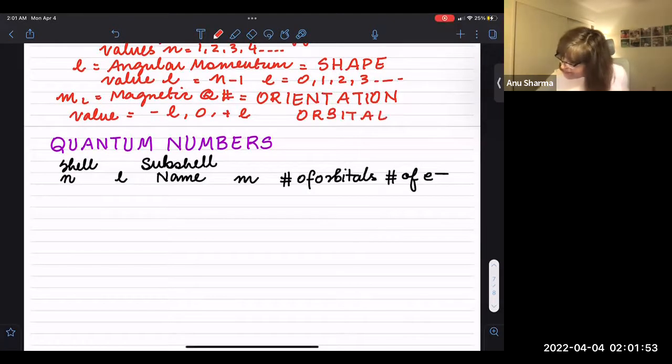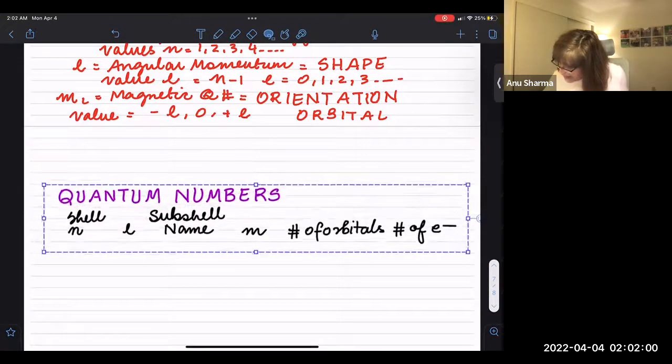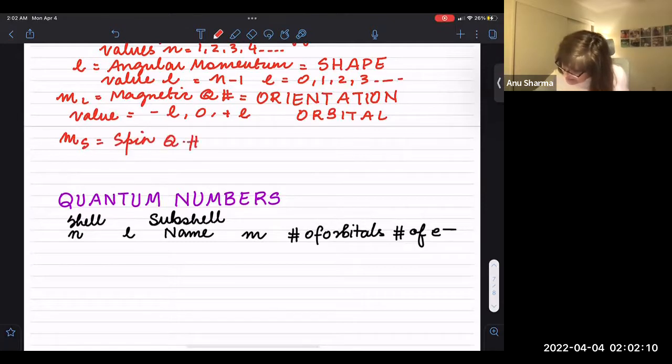And now comes the last piece, which is ms, the spin quantum number. And what does this deal with? It deals with the movement, the upward and the downward movement. So basically clockwise and anti-clockwise.